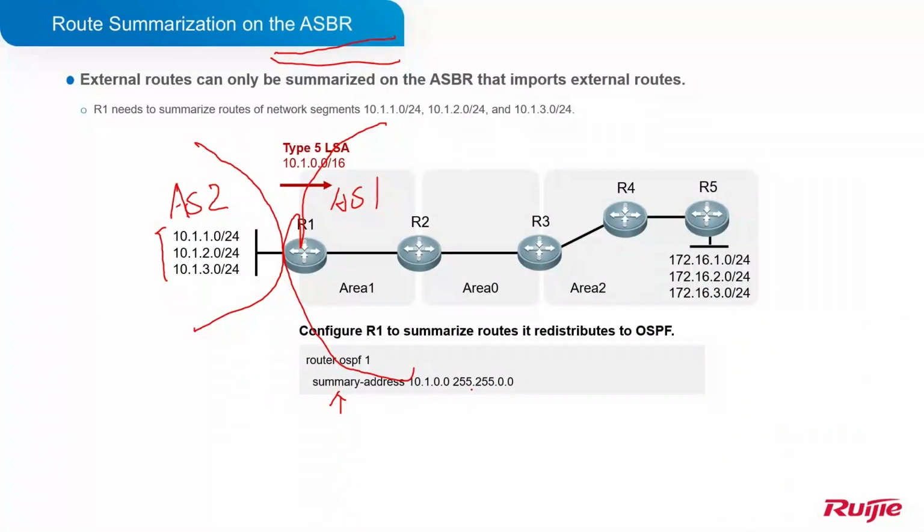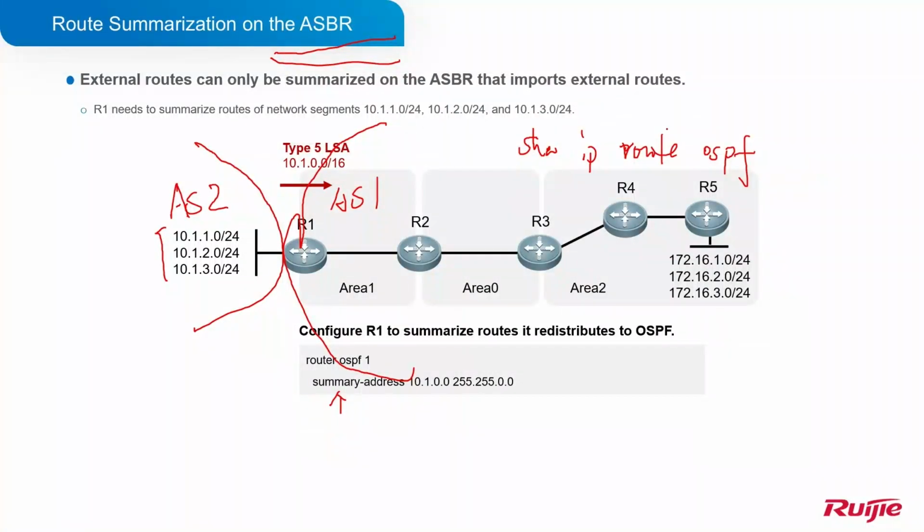After this command, we can only see the summary routing information. So now the R1 device will deliver the type 5 LSA information to other devices. On other devices, we can use show ip route ospf, right?